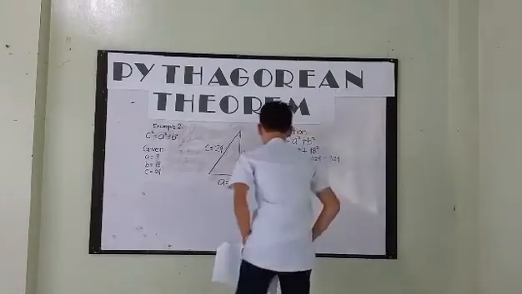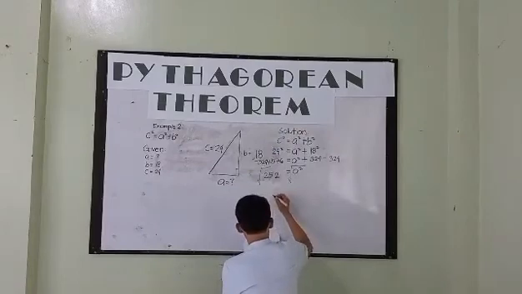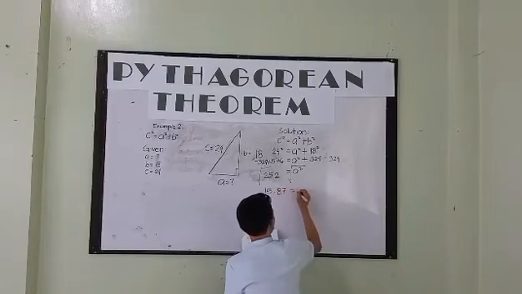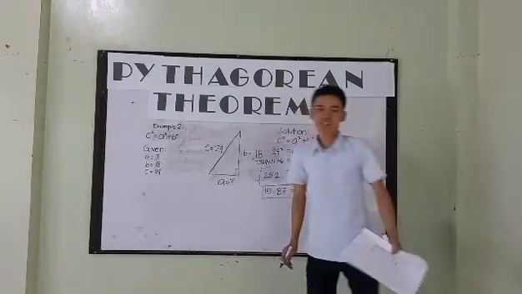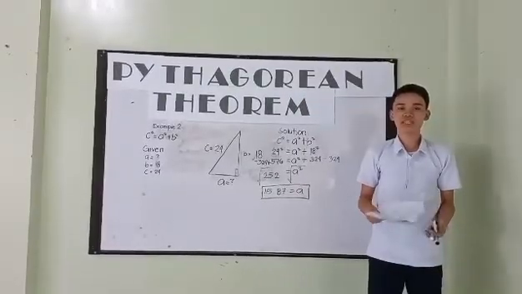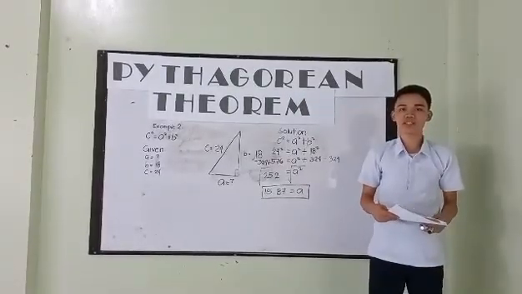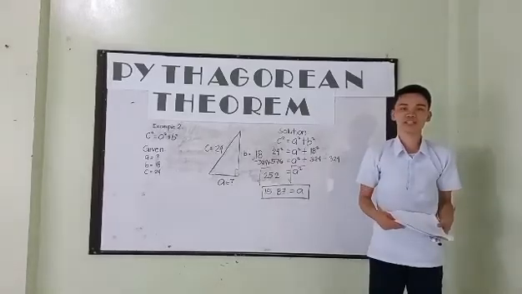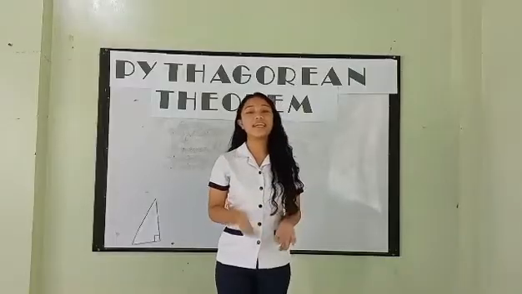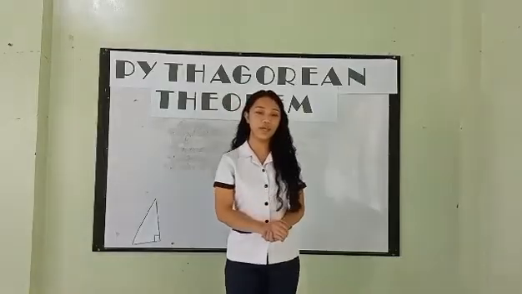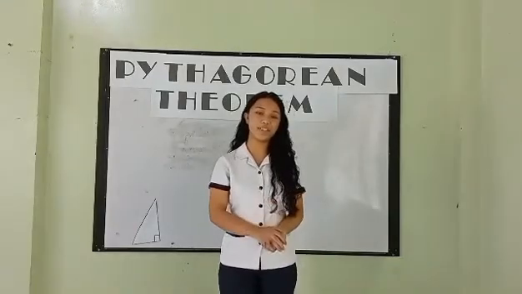So we have 15.87. So therefore, the missing leg of the right triangle is approximately 15.87. Well done! Now, may I call on anyone to share with us an answer to my questions.